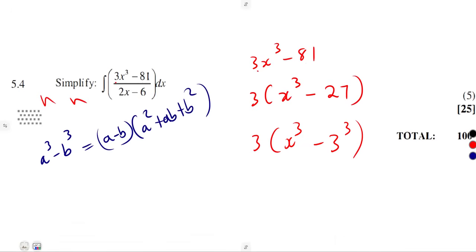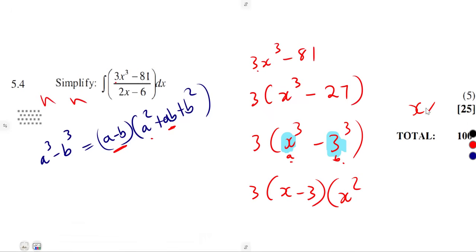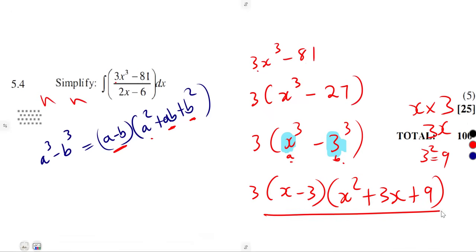So what you just need is to note what is your A and what is your B. This is our A and this is our B. So automatically here it is going to be 3 into A minus B, x minus 3, into A squared, our A is x, so it's x squared, plus AB, that's x times 3, which is 3x, plus B squared. Our B is 3, so 3 squared is 9.